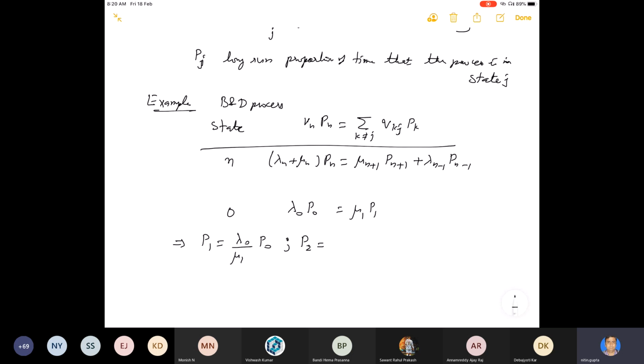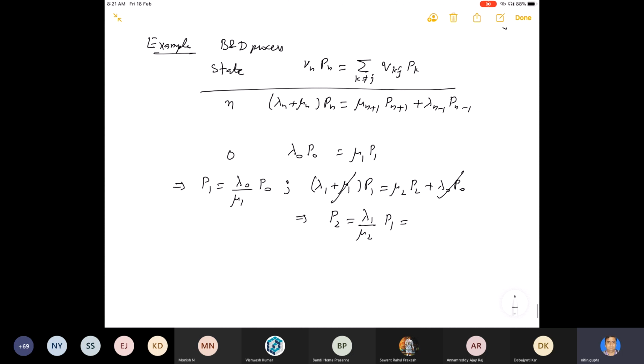And from this equation, when we take n equal to 1, we get lambda 1 plus mu 1 times P1 is equal to mu 2 P2 plus lambda naught P naught. But lambda naught P naught is the same as mu 1 P1, so this will cancel out. This implies that P2 is equal to lambda 1 upon mu 2 times P1.